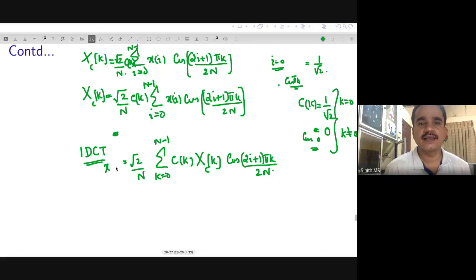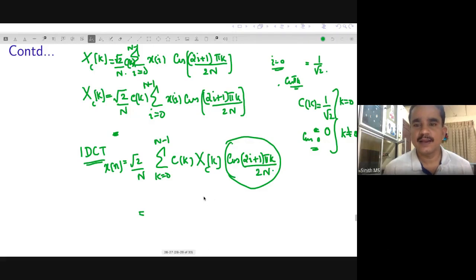This gives x of n. So the beauty is that you can use the same coding hardware for decoding also, because you are just multiplying everything with cos((2i plus 1) pi k by 2n).